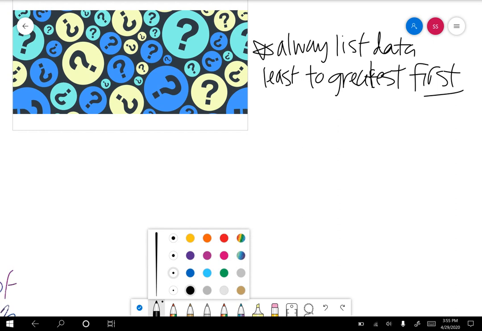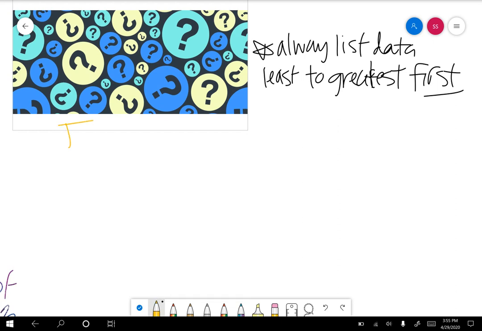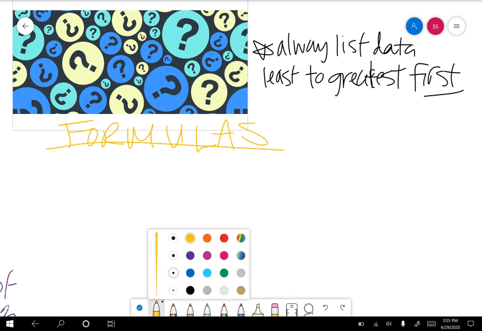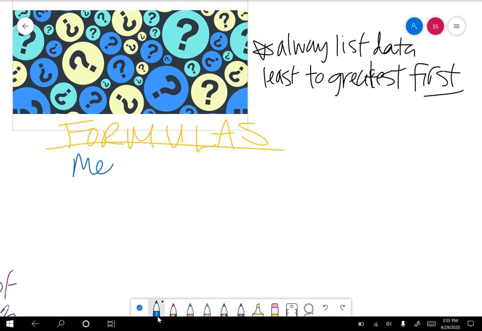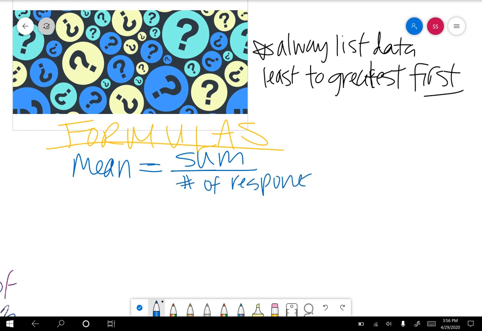Okay, now formulas. So we'll start with mean. Mean is the average. This is when we're taking the sum of all the responses and dividing it by the number of responses.